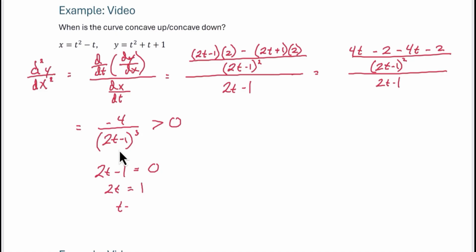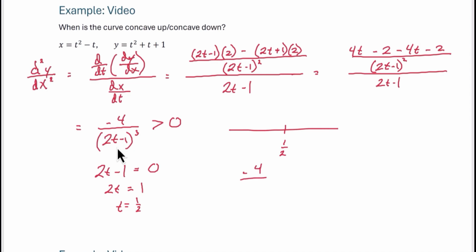We get t equals 1/2. And what we'll do is put that on a number line and then look at values to the left and the right of 1/2. So if we think of something on the right side of 1/2, for example 1, plug 1 into this function.